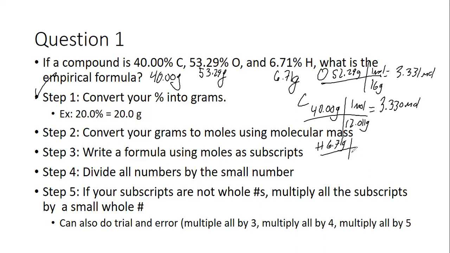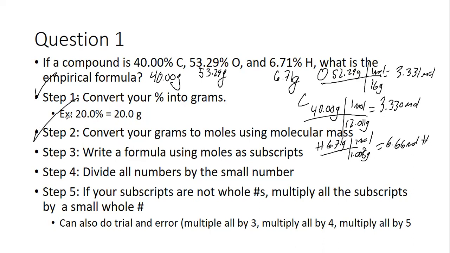Molecular weight, 1.008 grams for 1 mole. Do that math, and I find out I have 6.66 moles of hydrogen. So that's step 2. Take your grams, convert them into moles using the molecular mass like we did Wednesday and today.